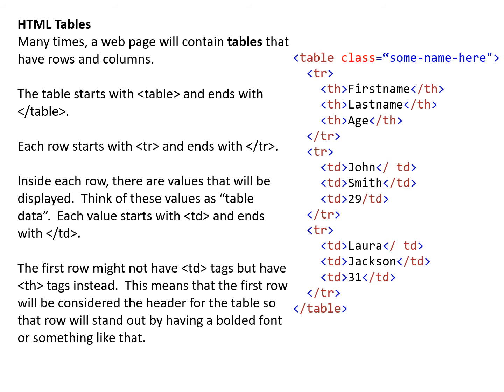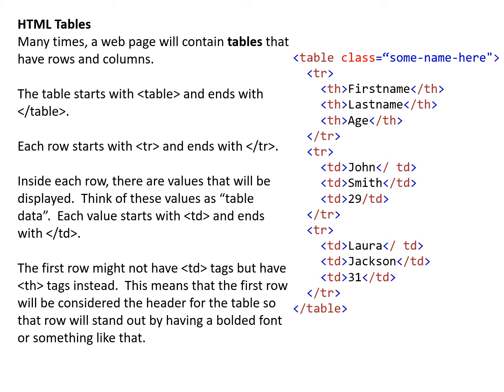Now, the first row, going back to that first TR block, doesn't have TDs, but it has THs. And that's because a lot of times we want that first row to be a header for the entire table. And so if we put TH instead of TD, it's going to be bolded.